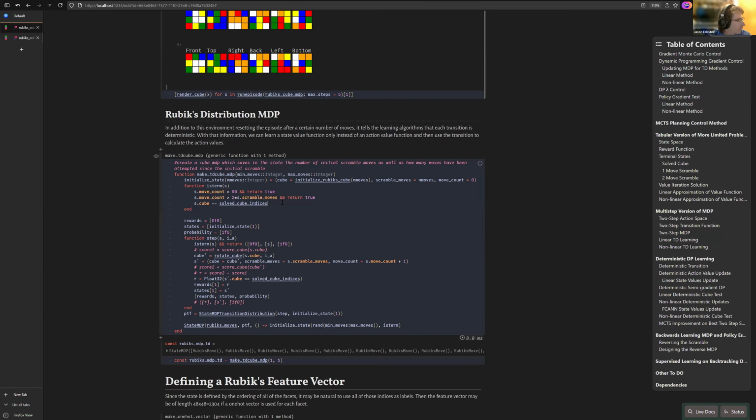And then the condition about how many iterations to scramble during episode initialization.